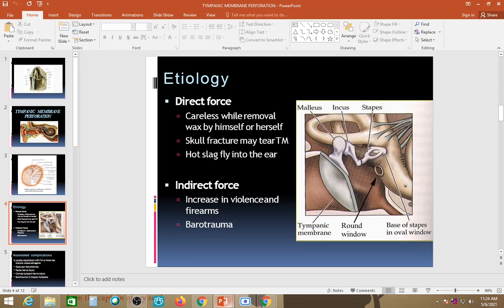Sometimes while gardening, or at night if we lie down somewhere, an insect may enter the ear. Here I would like to highlight that if an insect enters the ear, we should not put anything in. Just leave it; it should die.